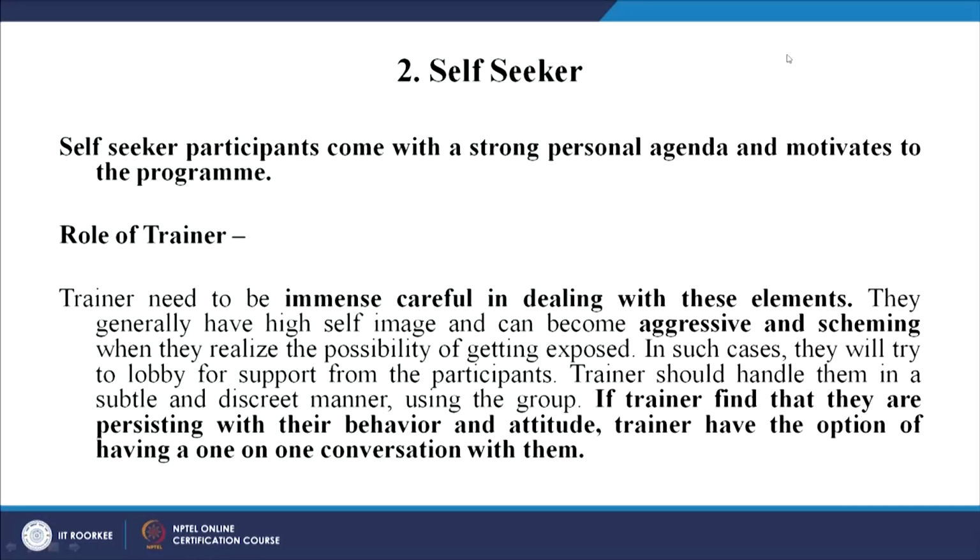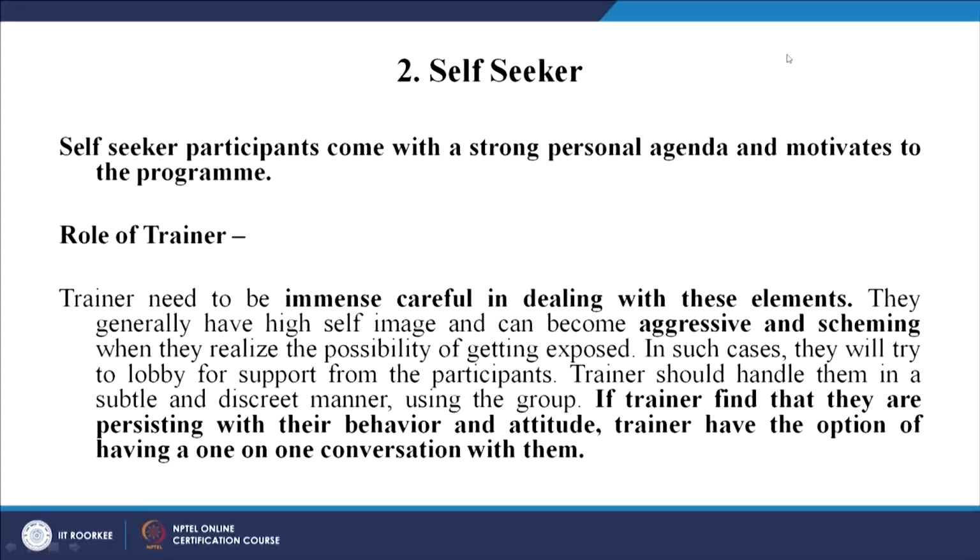Second is the self seeker. Self seeker participants come with a strong personal agenda and motivation to the program. So, in that case the trainer needs to be immensely careful, very much careful in dealing with these elements.